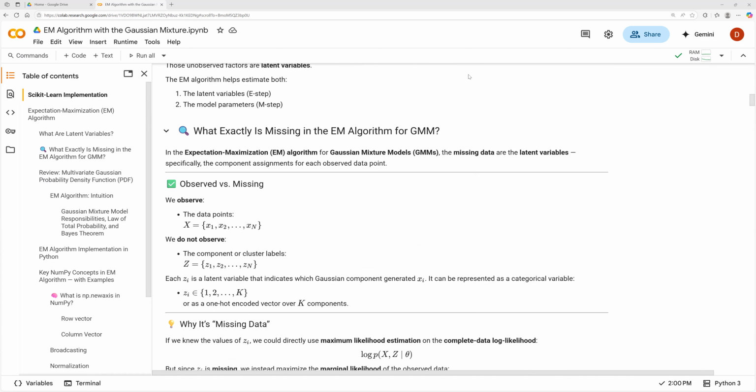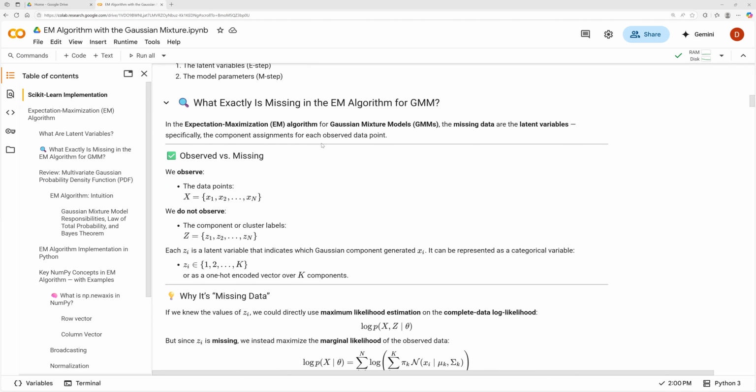So what exactly is missing in the EM algorithm for GMM? In the expectation maximization algorithm for GMM, Gaussian Mixture Models, the missing data are the latent variables, specifically the component assignments for each observed data point. So component assignments, clusters, what are they exactly, right? We have to distinguish between what's observed and what's missing.